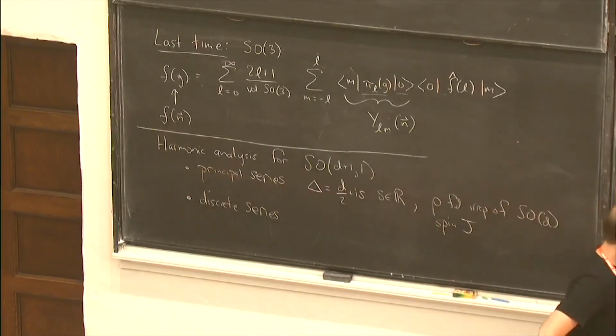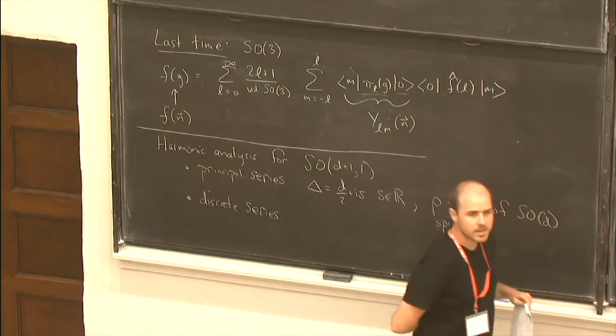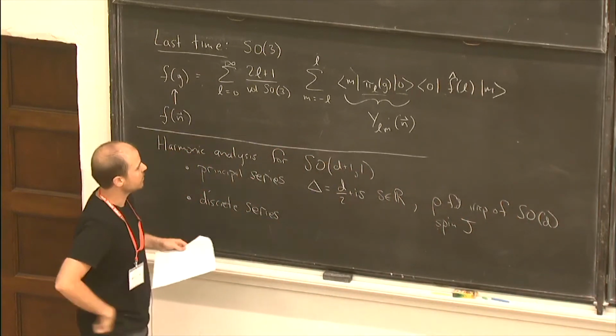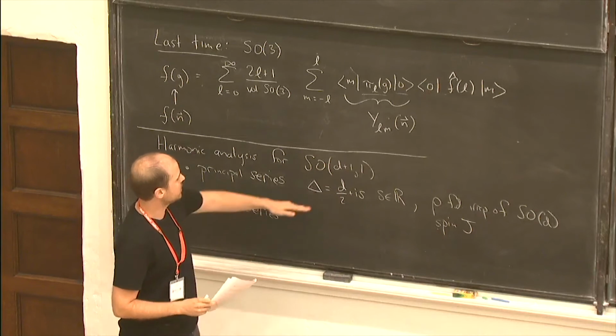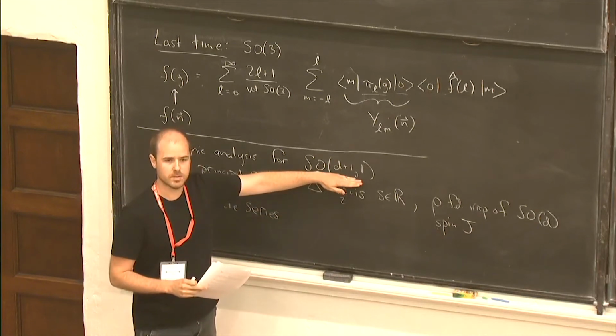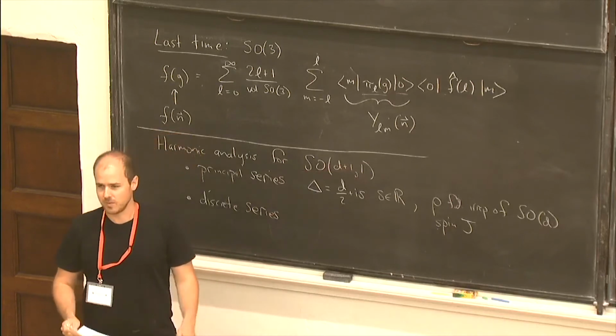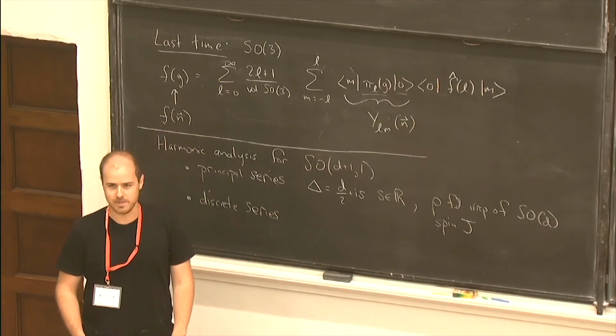Okay, so I should say that the principal series representations are unitary irreducible representations of this group, the Euclidean conformal group. And this notion of unitary is not the one we usually care about in quantum mechanics.